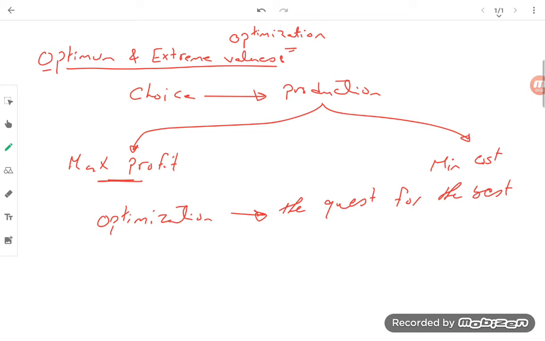The first step in formulating an optimization problem, the first order of business, is to define an objective function.